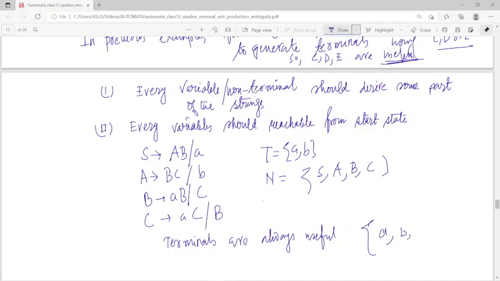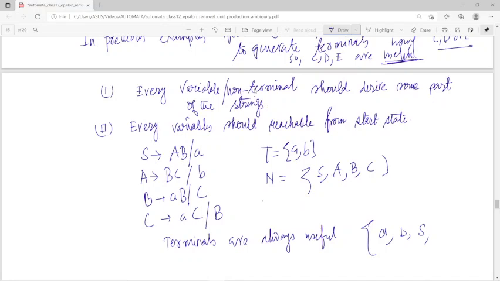So if we make a set, we are introducing AB. Now we will see whether from S we can generate a terminal or not. From S we can generate terminals, so there is not an issue. So S can be included, and from A we can also generate small b, so we can generate a terminal.